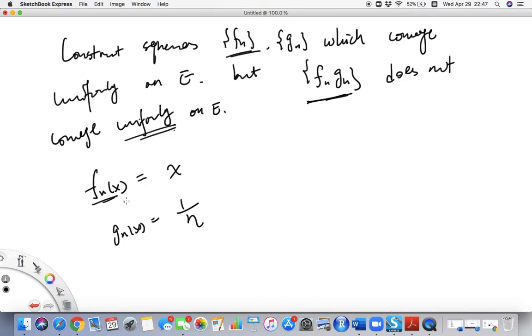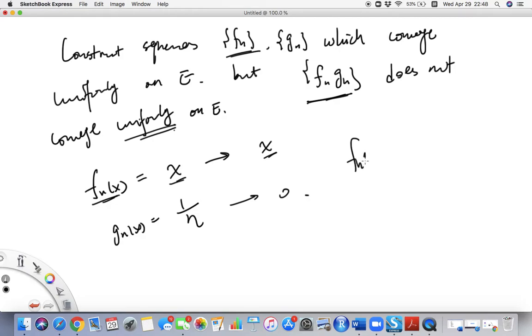Then obviously fn goes to x, because it doesn't change, and gn goes to 0. Okay, and the convergence is uniform. It's obvious because fn doesn't even change, and a constant function converging to 0 is also uniformly convergent.